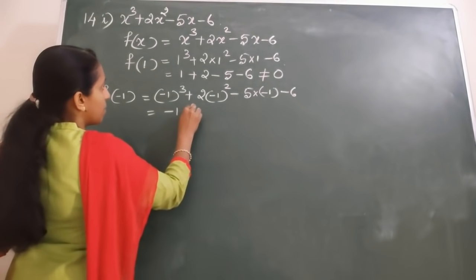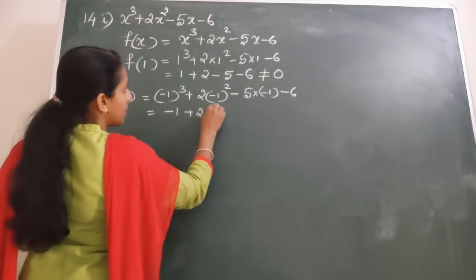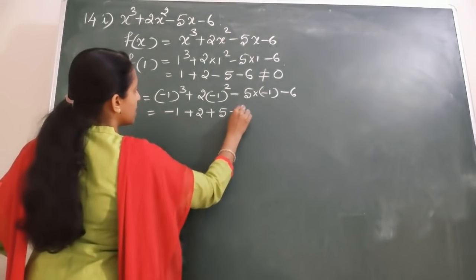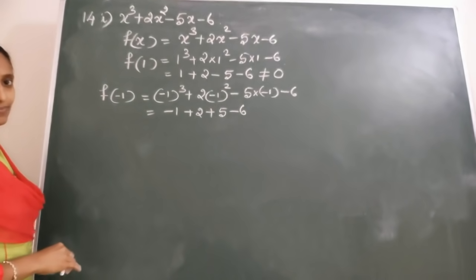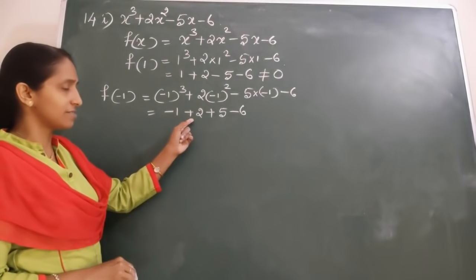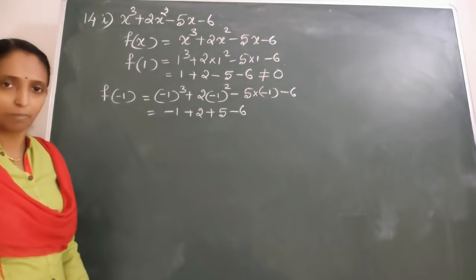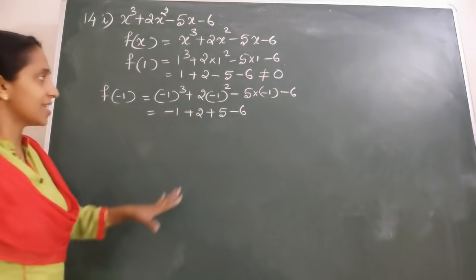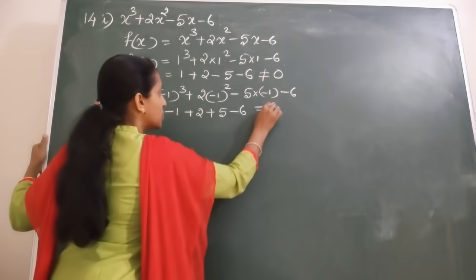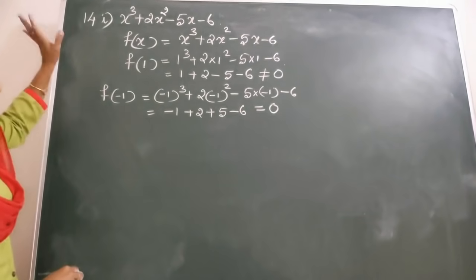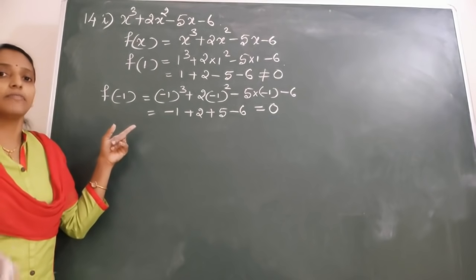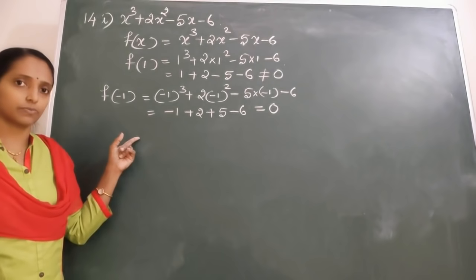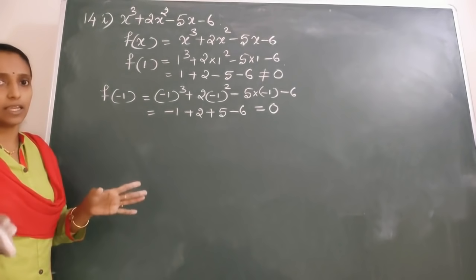Minus 1 plus 2 plus 5 minus 6. Are you getting 0? 5 plus 2 is 7, minus 6 minus 1, minus 7 plus 7 gives 0. So you are getting it equal to 0. If you are not getting it at minus 1, then you will go for 2, then minus 2, 3, minus 3.